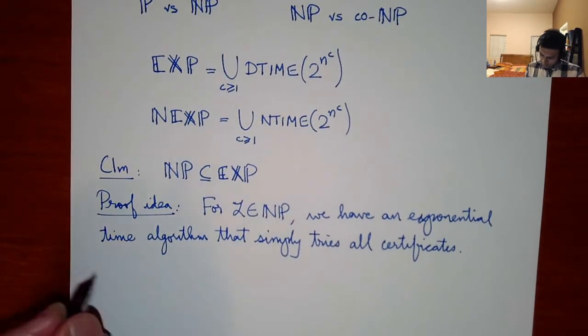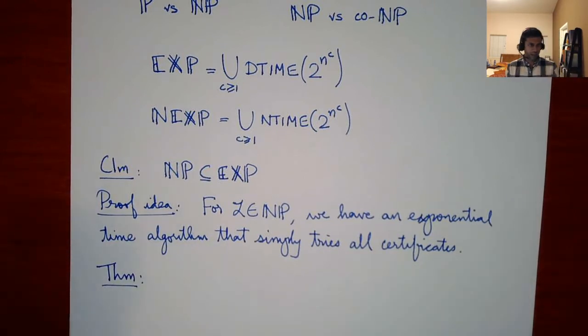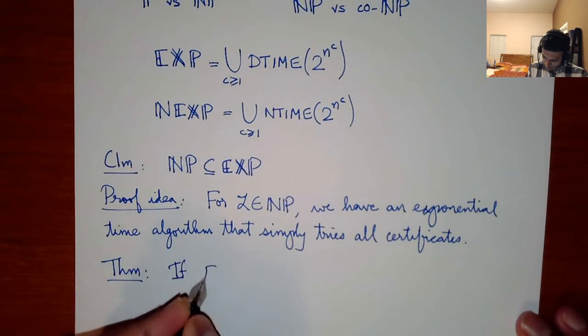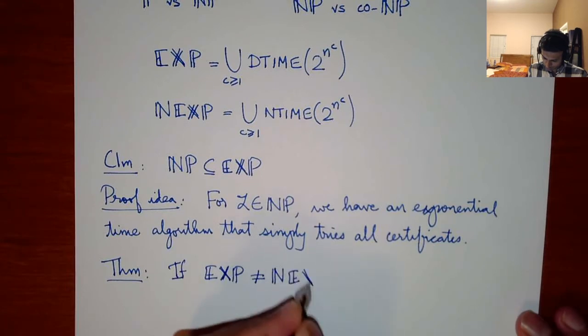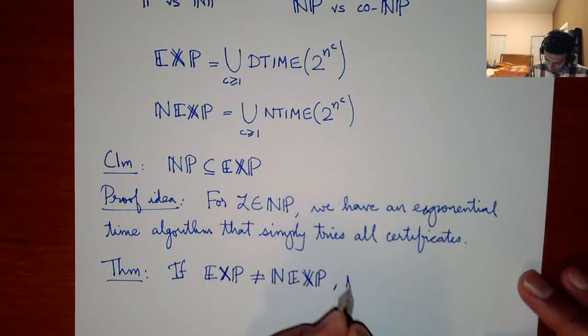So here's a theorem that is not so trivial. What it says is, if EXP is not equal to NEXP, so if exponential time is not non-deterministic exponential time, then P is not equal to NP.